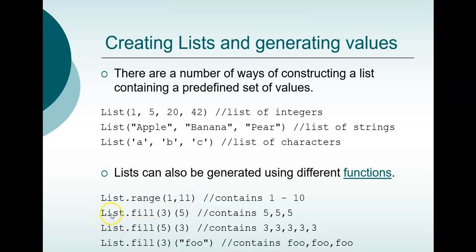Here also, we can say fill the list with 3 items, and the item to fill with is 5. Here also, fill the list with 5 items, and the item to fill with is 3. You can also say fill the list with 3 items, and the item is a string, F-O-O.